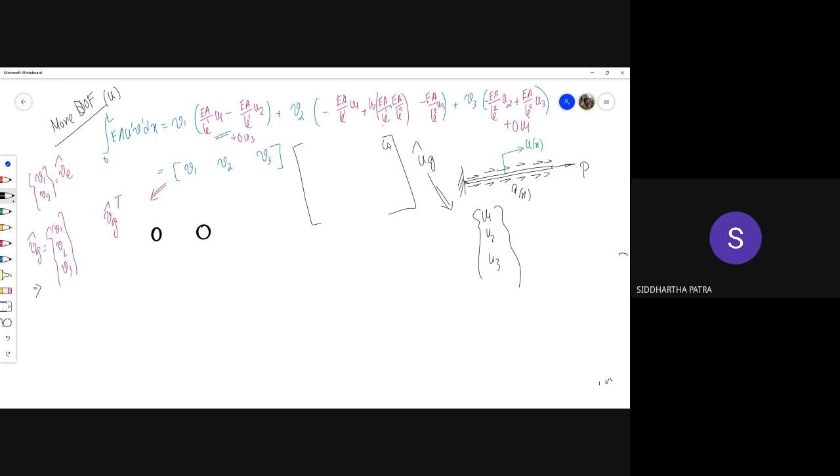Of course, on the first row, the coefficient of u3 should be 0. On the last row, the coefficient of u1 should be 0. Or in other words, k13 and k31 terms would be 0. Why?